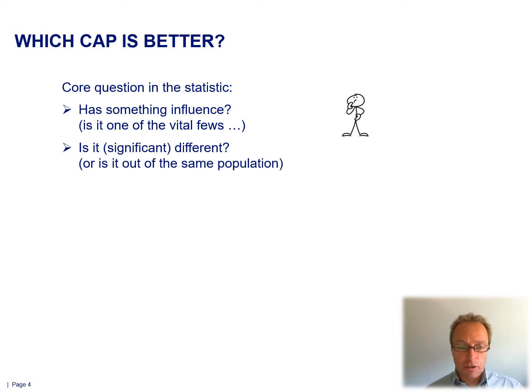The core question is, has something influence? Is it one of the vital few, and is it significantly different, or is it just by accident one thing out of the same population?